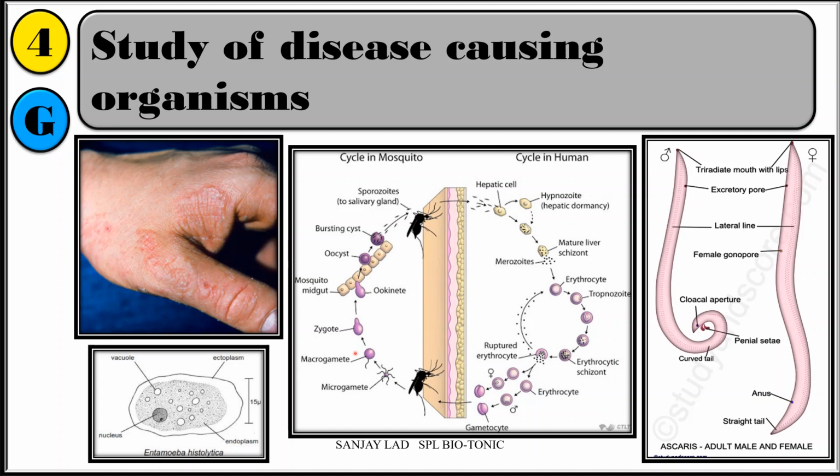The third picture is about the Plasmodium, which causes malaria, and it is spread through vectors like mosquito. And the last one is Ascaris, which causes ascariasis. Now, out of these 5 pictures, one picture will come in the examination for identification.